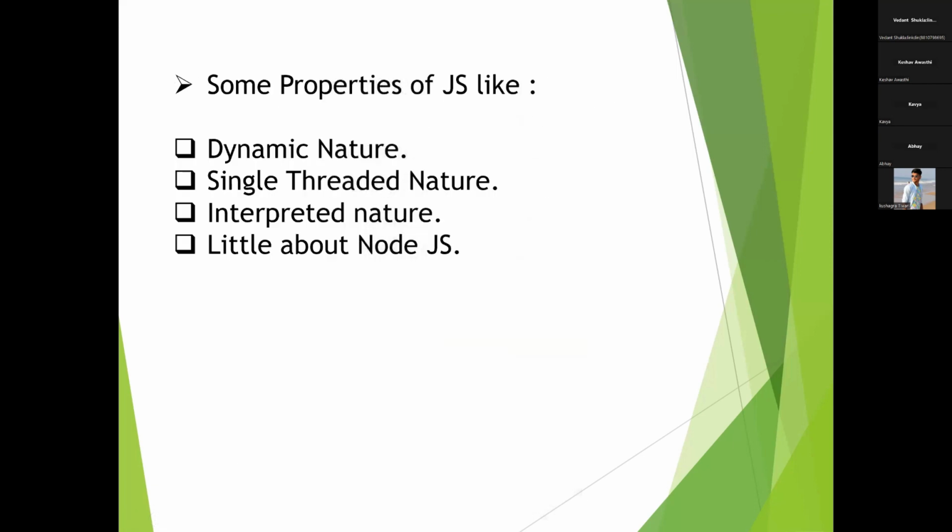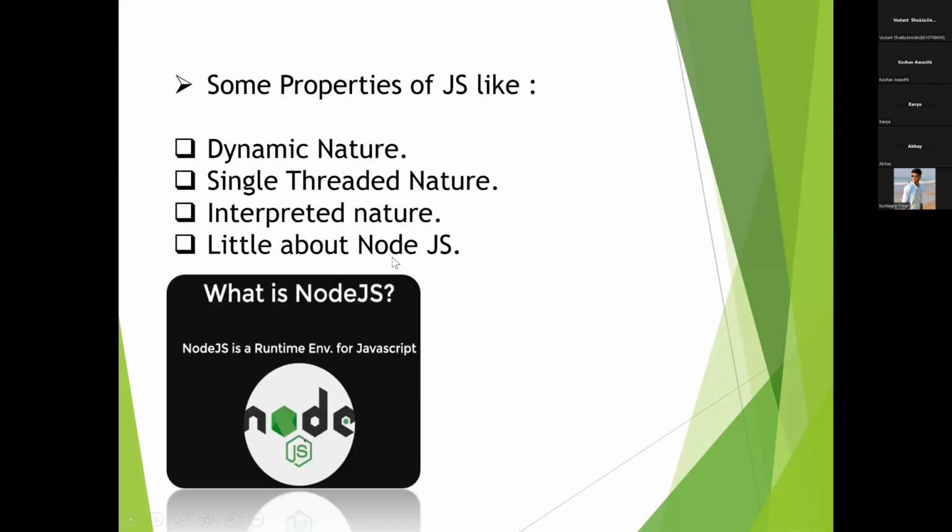Some points of JS I have also covered in my previous presentation: the dynamic nature, an important property of JavaScript, the threaded nature of JavaScript, the interpreted nature, and a little about Node.js.